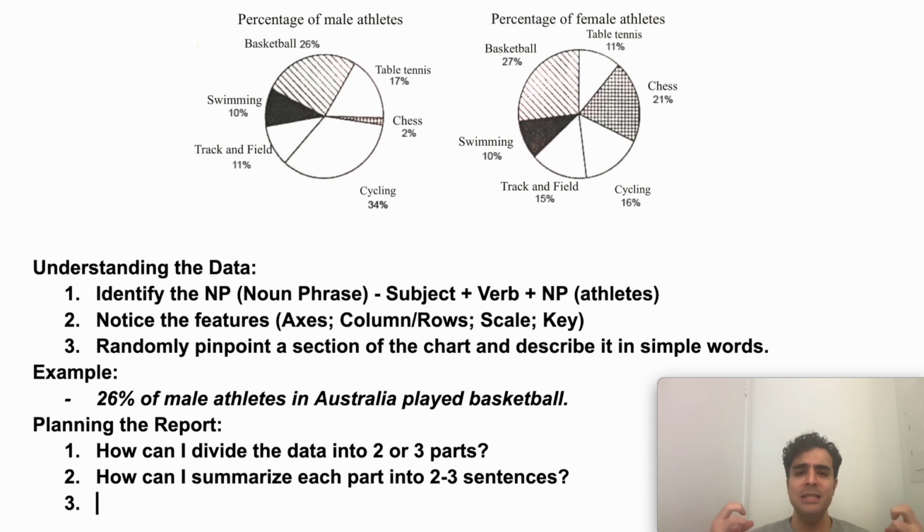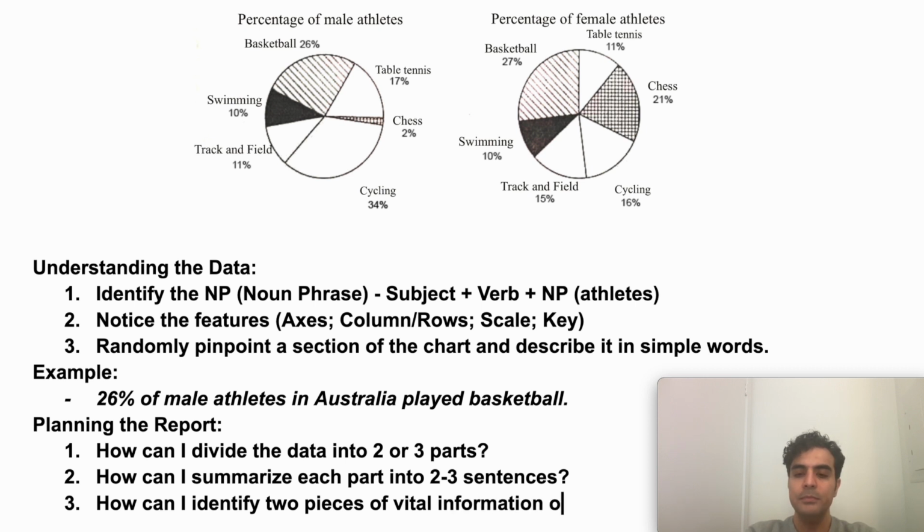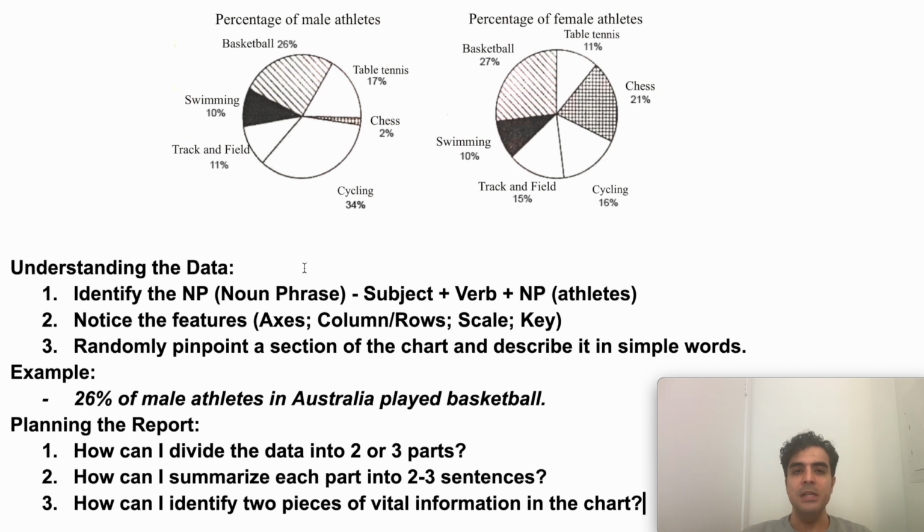Vital information is the essential information that must always come out of a good response. So the third question is, how can I identify 2 pieces of vital information in the chart? Okay, so we need to find 2 pieces of vital information.